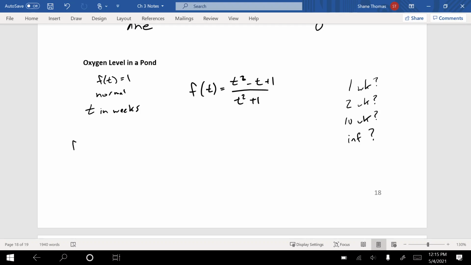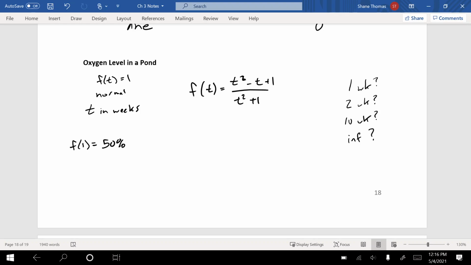So after 1 week, it's at 50% pollution. All I did was plug a 1 in. So I'd have 1 squared is 1, minus 1, plus 1, so 1 over 1 squared plus 1, which is 1 over 2. 1 over 2 is 0.5 or 50%. All right with that?